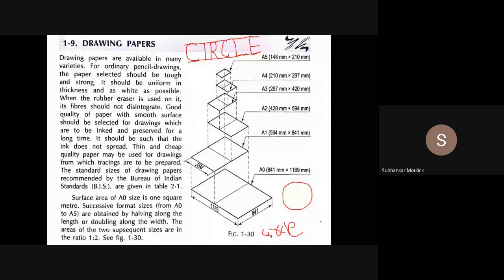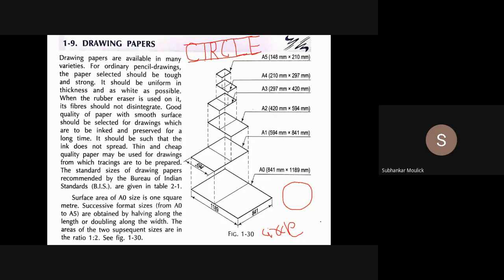Each unit is equivalent to 1 mm, but intermediate spacing between the two letters should not be more than 0.5 centimeter. Okay, sir. Should not be more than 0.5 centimeter.